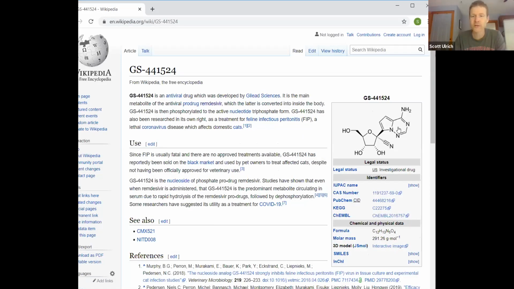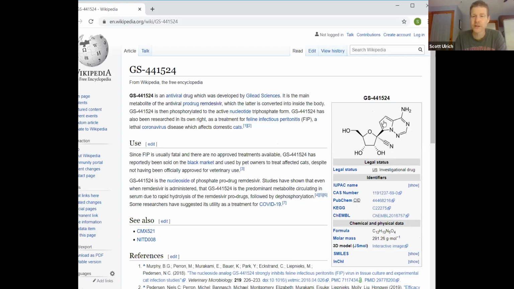And I want you to notice that this is almost islatravir, right? There's a couple differences. Islatravir is a deoxynucleoside, so it lacks a hydroxyl group there.